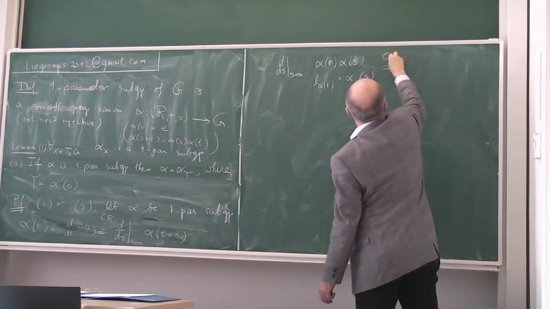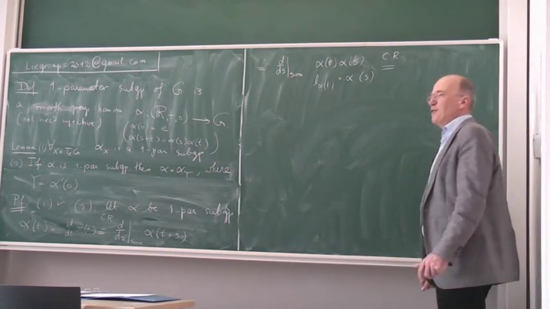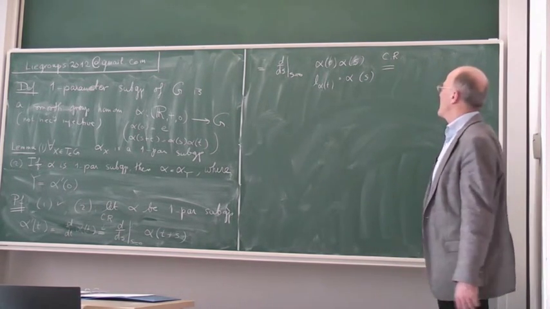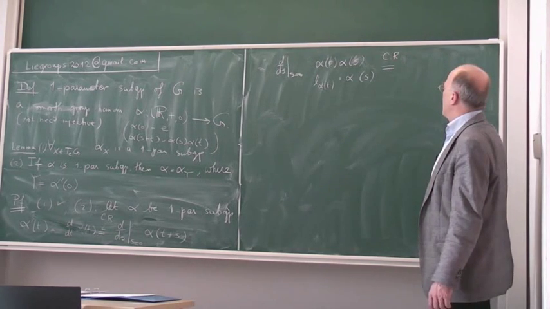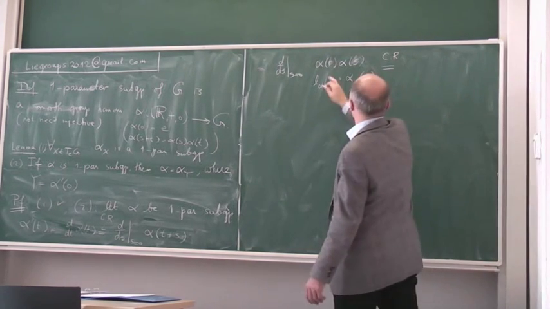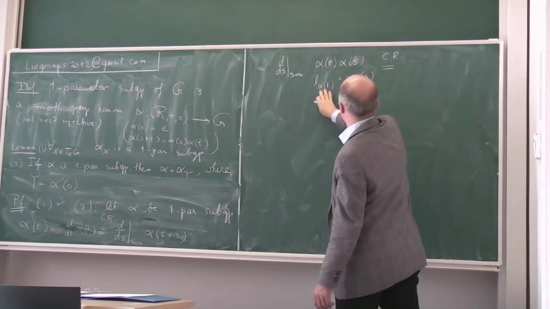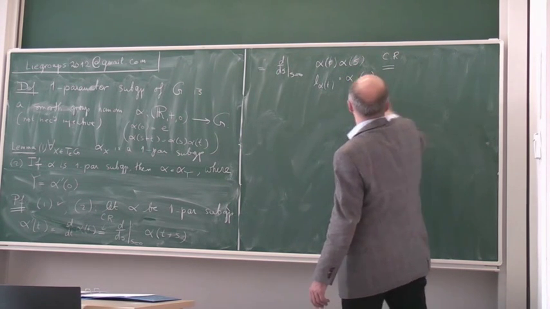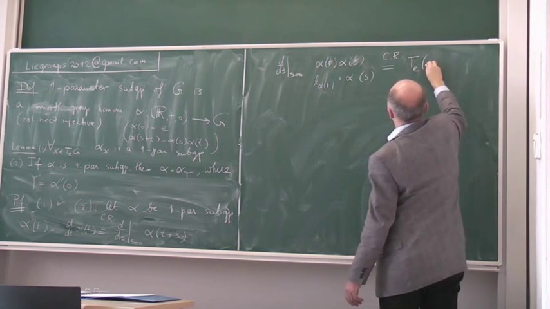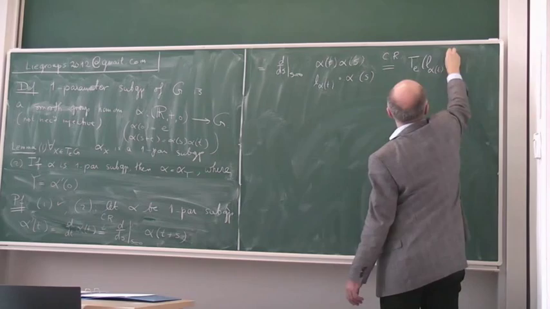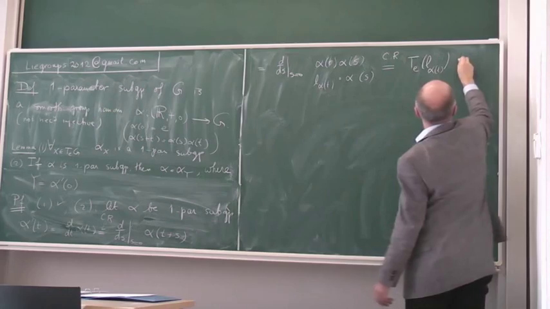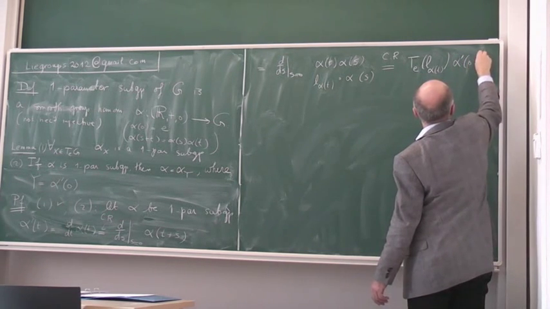So by the chain rule, which will be used lots of times, and I will say more about it a bit later. How is the chain rule applied here? Well, we have to take the tangent map of this left translation at the image point, which is the identity element, since alpha of 0 is the identity element. So it's the tangent map at the identity element of lambda of alpha t, and it should be applied to the derivative of alpha at s equals 0, so to alpha prime of 0.